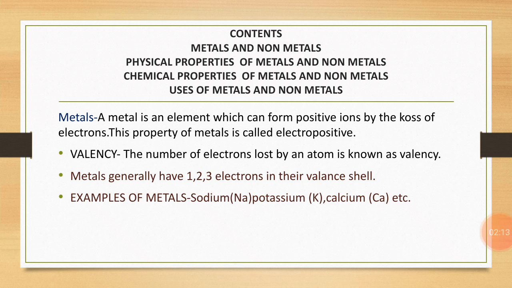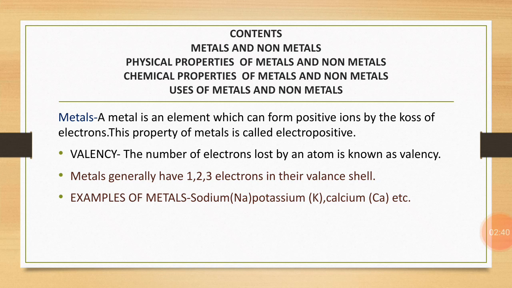But before that, firstly we will know what a metal is. How will we define what a metal is? A metal is an element that can form positive ions by losing the electrons found in its valence shell. The number of electrons present in its outermost shell is known as valence electrons.